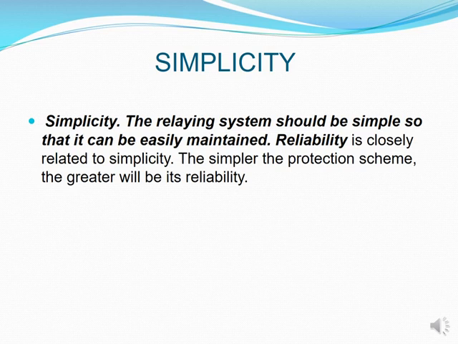Then we talk about simplicity. And really, all that this means is that your relaying system should be simple so that we can maintain it. And reliability is closely related to simplicity, because the simpler the protection scheme, the greater will be its reliability.